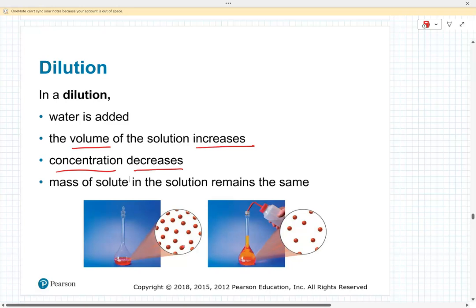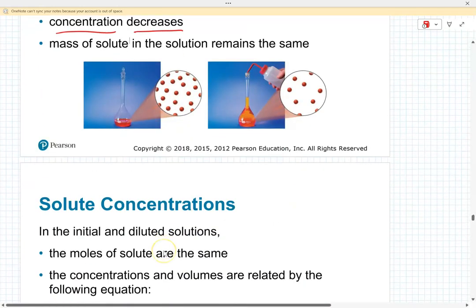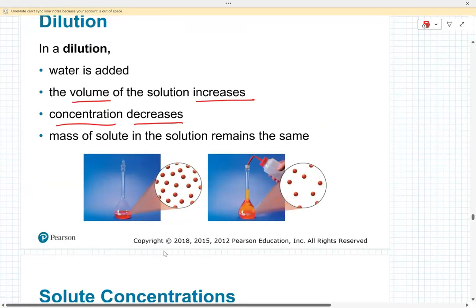Fair enough, right? Like you can make a very, very thick chicken stock and then dilute it if you need to. This is really important. The amount, the mass of solute remains the same.